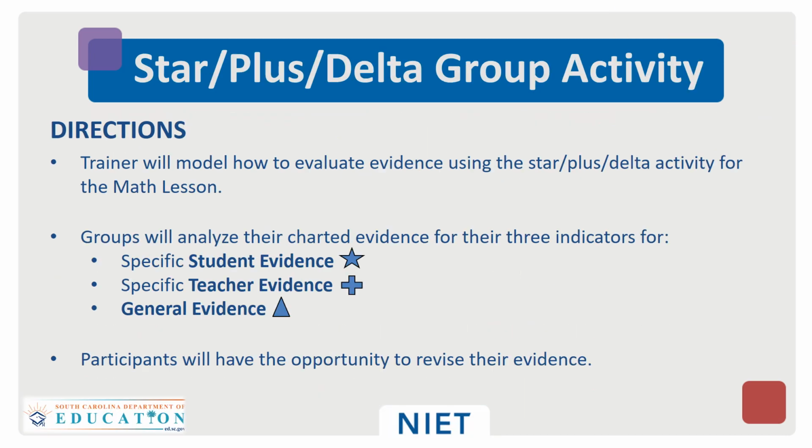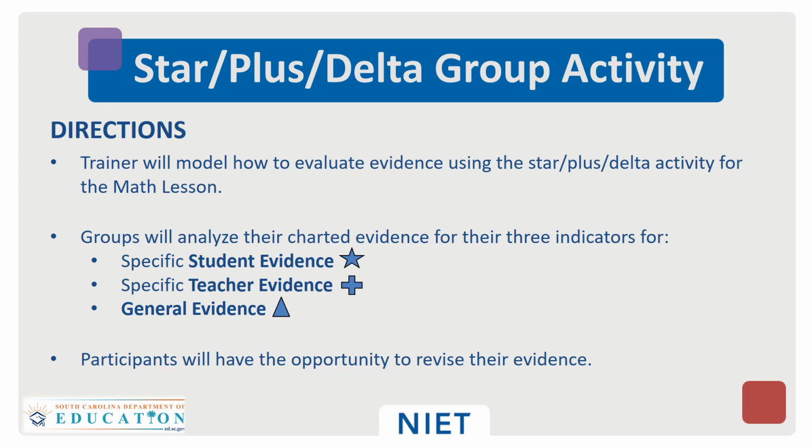After participants have categorized evidence for their assigned indicators, they are ready to complete the star plus delta activity. You should remember this one from your training. Here you will see what each graphic means. If training in person, groups should exchange chart paper where they categorize the evidence.